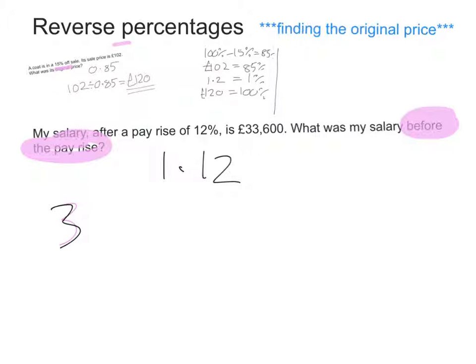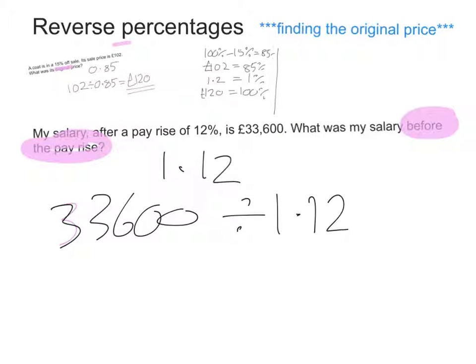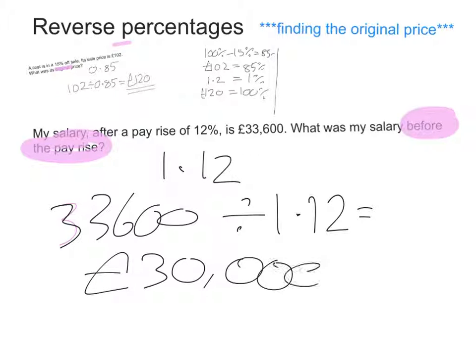So you're going to do 33,600 divided by 1.12. And if you do that, that gives you your answer of £30,000. So then that's going to be your final answer.